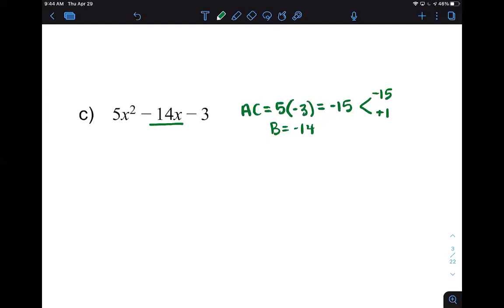So this is where you have those two methods. We have either 5x squared minus 15x plus 1x minus 3, and we do our factor by grouping.